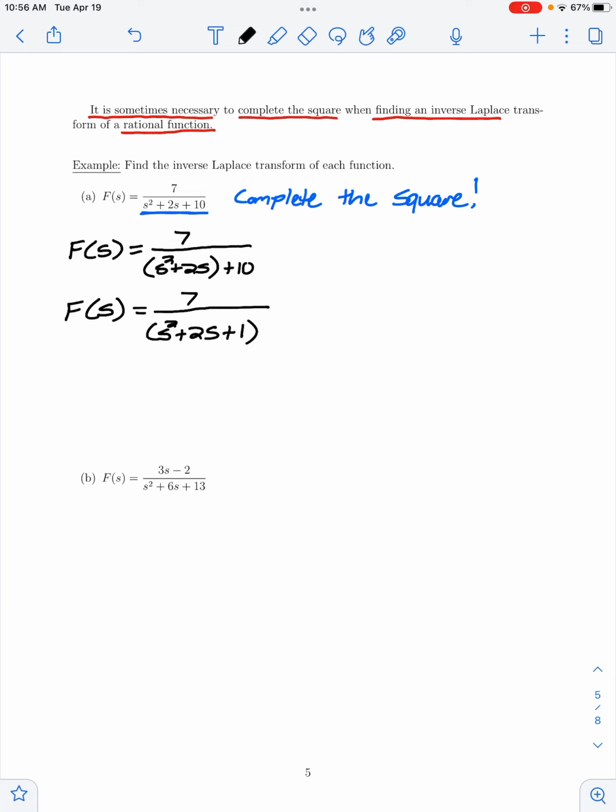And so I would take half of my s coefficient, so half of 2 squared gives me 1, and add that to the end. And then to get a constant of 10 in the denominator in total, well, since I've already added plus 1, I need a plus 9, so that altogether I get that plus 10 value.